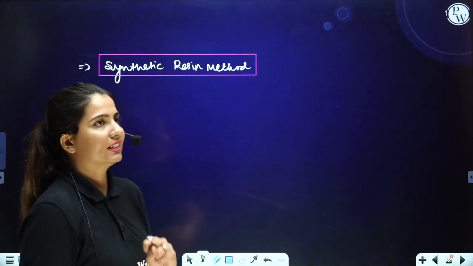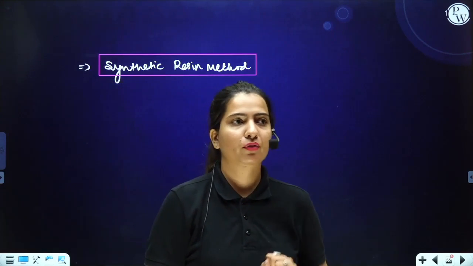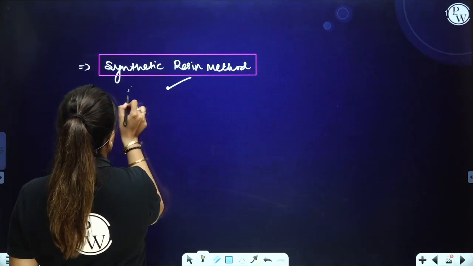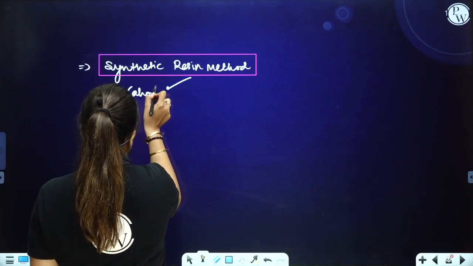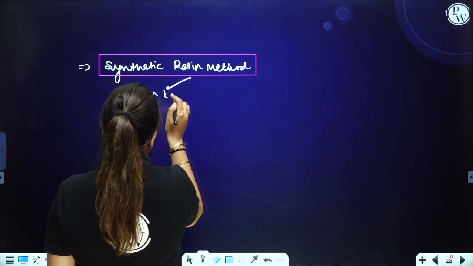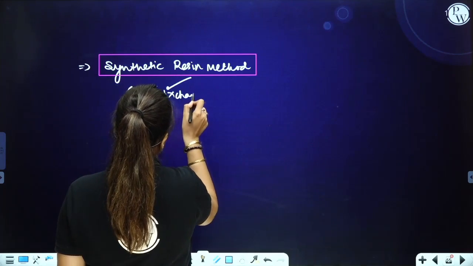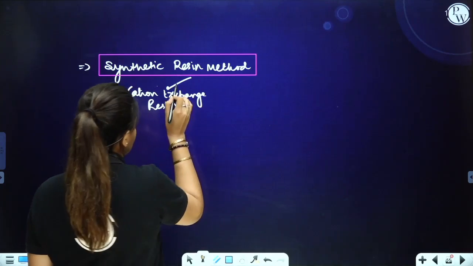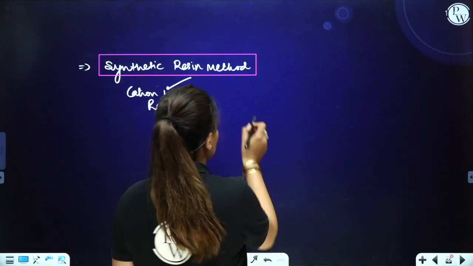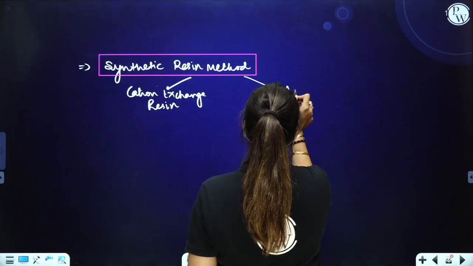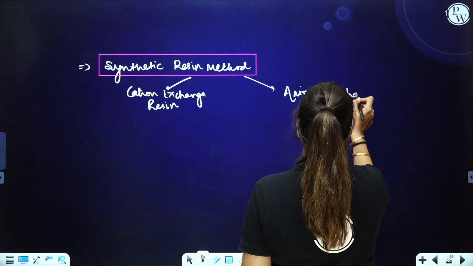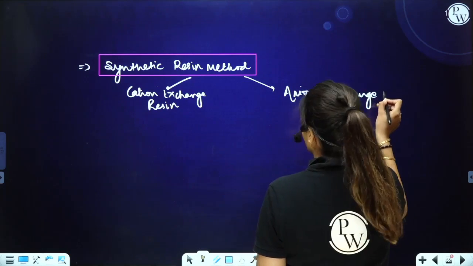Here we have two types of exchange resins. First we have the cation exchange resin, and also the anion exchange resin.